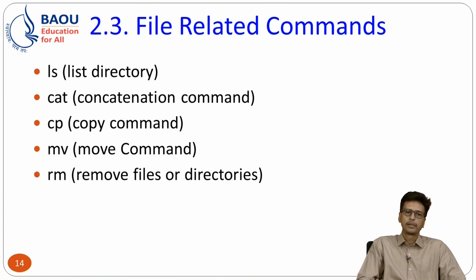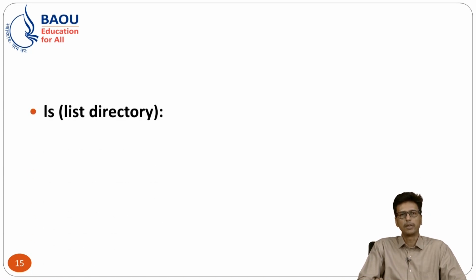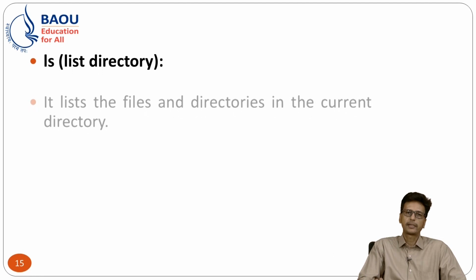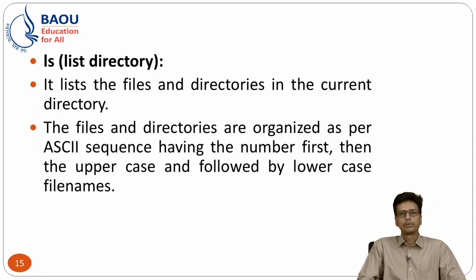As we have seen, suppose you want to see the contents, that means whatever files or subdirectories are available in a particular directory, in that case you can use this ls command. The ls command simply gives you the list of all the directories or all the files which are currently available in a particular folder or directory. Whatever files or directories are listed appear in a specific sequence, and that sequence is nothing but the ASCII collating sequence.